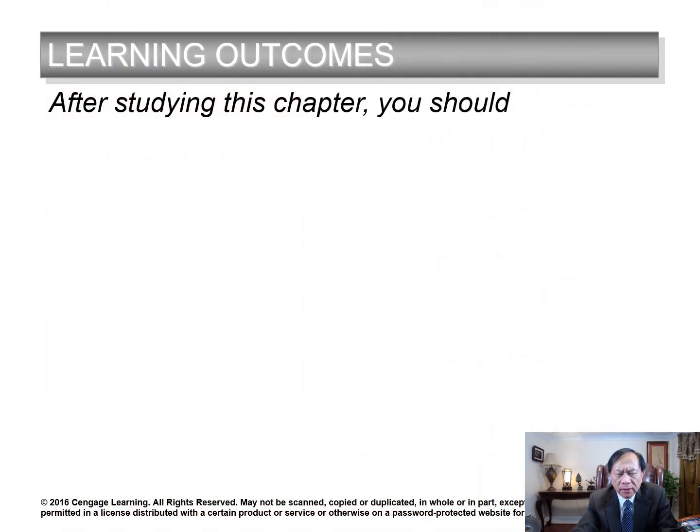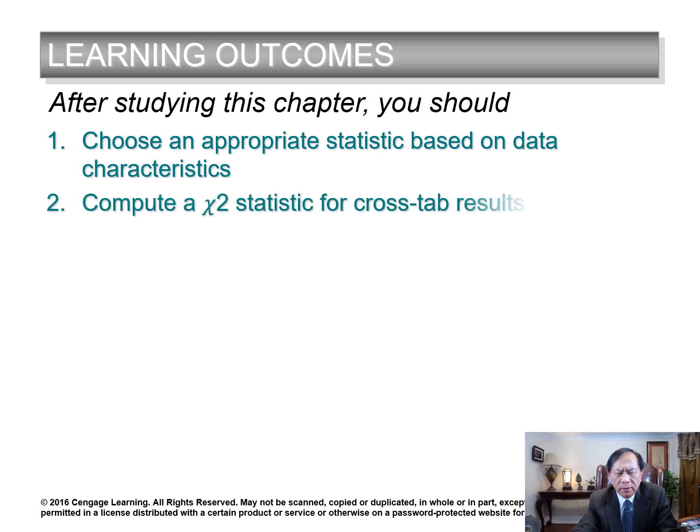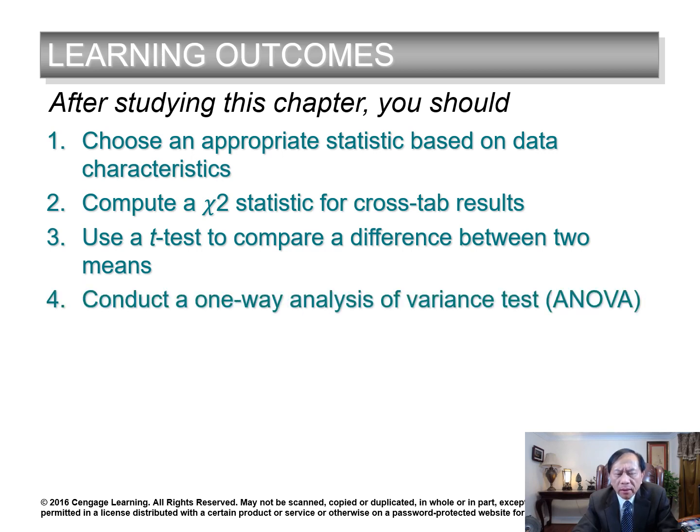After studying this chapter, you should be able to choose an appropriate statistic based on data characteristics. Compute a chi-square statistic for crosstab results. Use a t-test to compare a difference between two means, and conduct a one-way analysis of variance test, called ANOVA.